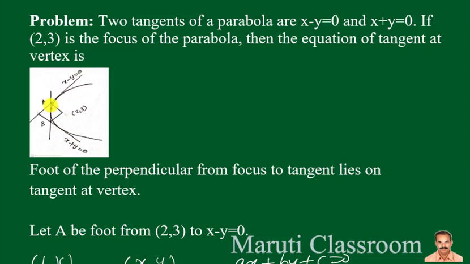From the previous property, both A and B lie on the tangent at the vertex. Because 2 points lie on the tangent at the vertex, AB is nothing but the tangent at the vertex. So first we find the coordinates of A and B, then the equation of AB, which becomes the equation of the tangent at the vertex.